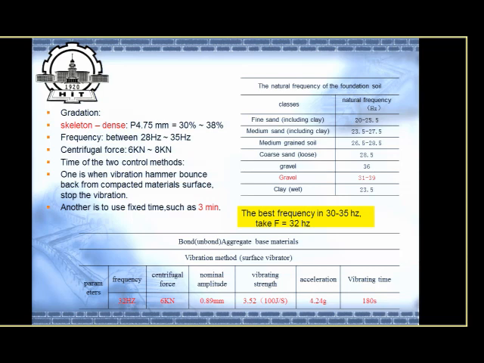If the material's natural frequency equals the vibrating frequency, the compaction is best. So we take this frequency as the best frequency, and the other parameter is time. We take 3 minutes, and this chart is the bound and unbound aggregate material's best compaction parameters. It is a combination of the 3 kinds of best parameters.